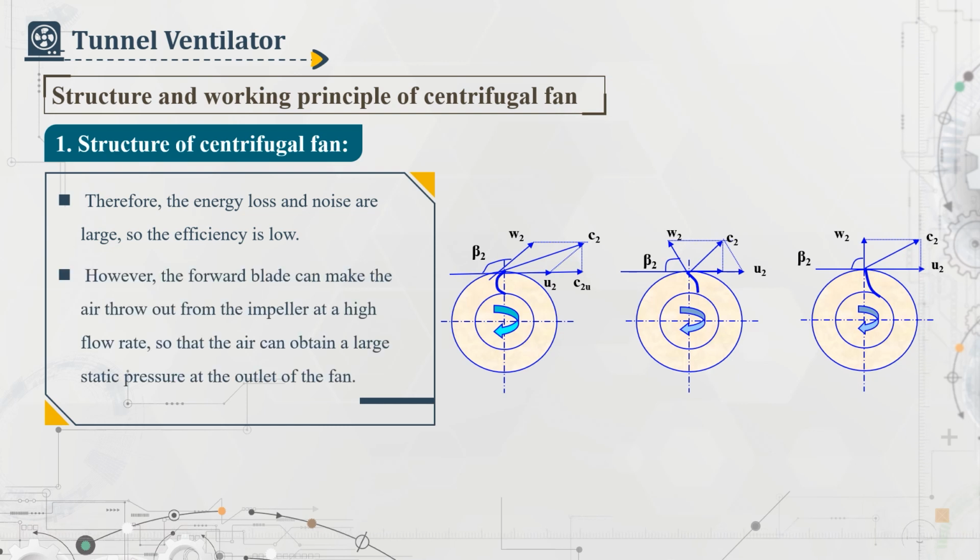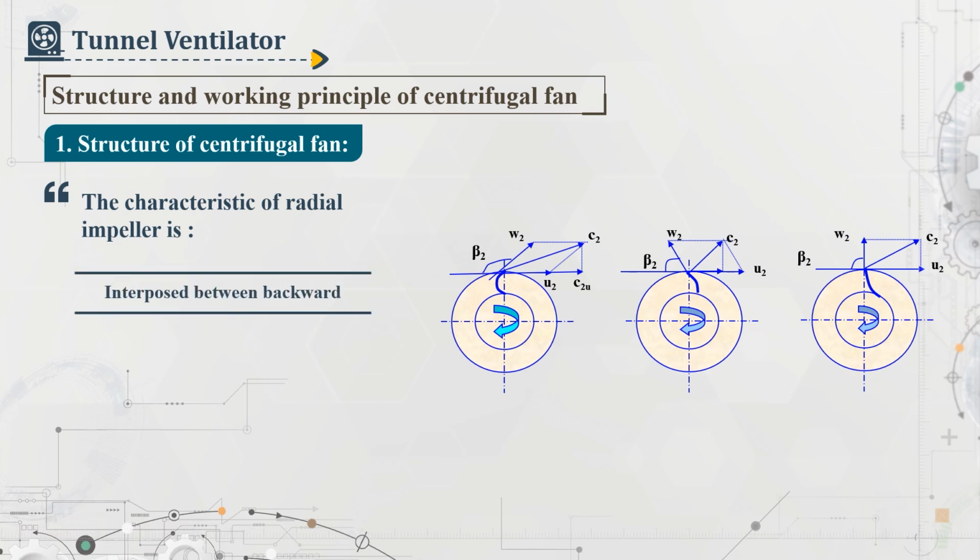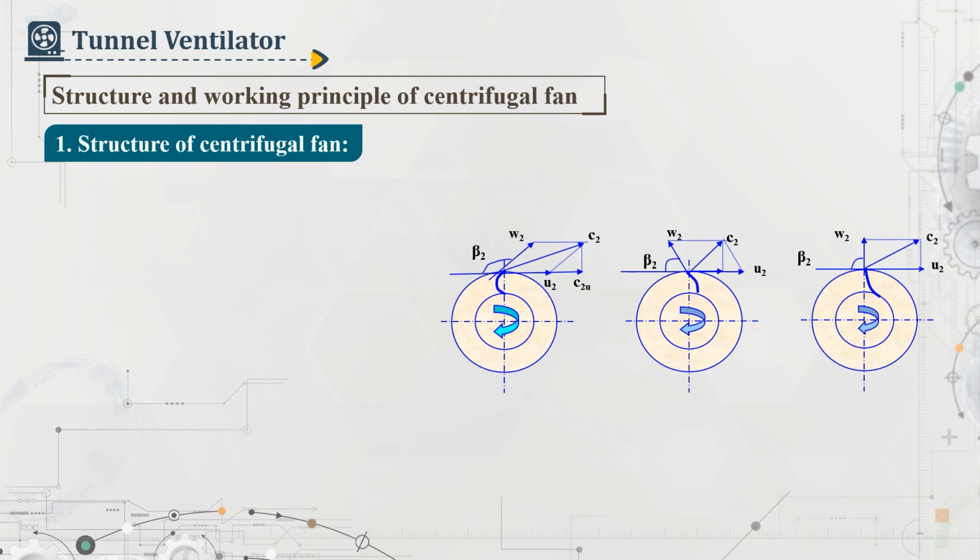However, the forward blade can make the air flow out from the impeller at a high flow rate, so that the air can obtain a large static pressure at the outlet of the fan. The characteristic of radial impeller is interposed between backward and forward type.